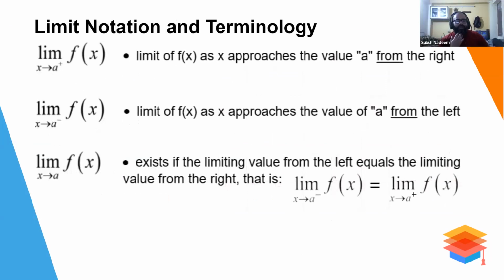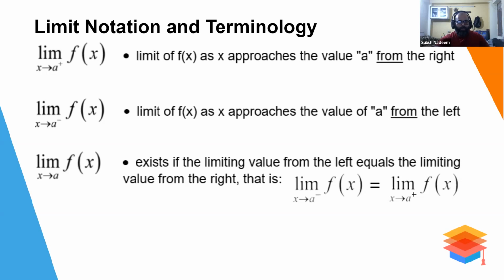The limit as x approaches a from the plus side of f(x) is the limit of f(x) as x approaches the value a from the right. Is this okay? Yes, sir. The limit as x approaches a from the minus side of f(x) is the limit of f(x) as x approaches a from the left.